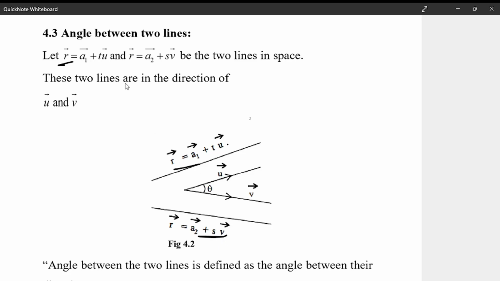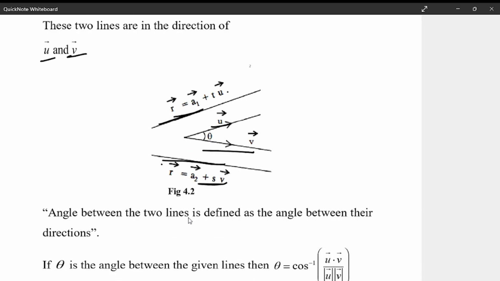These two lines are in the directions of the vector U and vector V. Now we are going to find the angle between two lines.